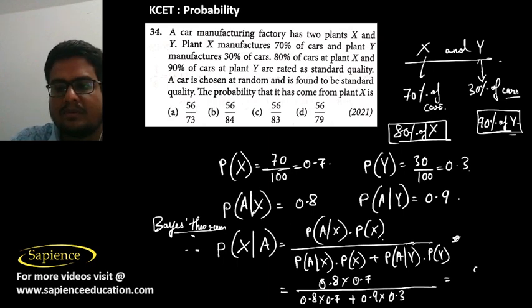That will be equal to 0.56 divided by 0.56 plus 0.27.